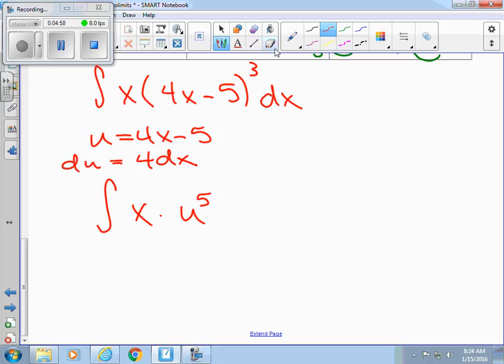Oh, that's not a fifth, that's a cube. I cannot work this with two different variables. However, if u equals 4x minus 5, is there any reason I couldn't find out what x is in terms of u? Would you agree with that?